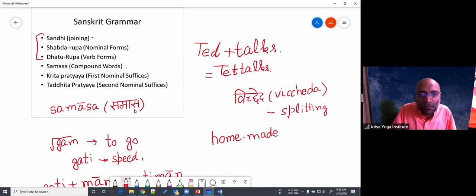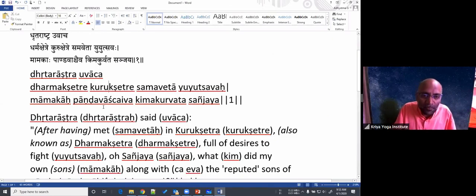There were some questions related to what is the difference between samasa and sandhi. I explained, but I'll try again with an example. Sandhi happens when two independent words come together. For example, we have this word Pandava.